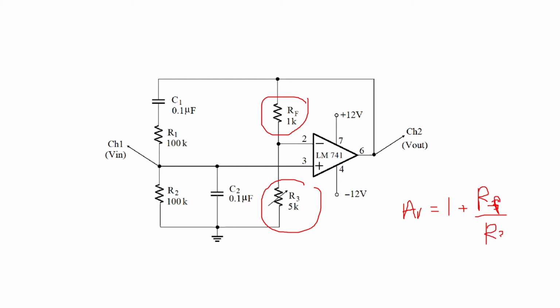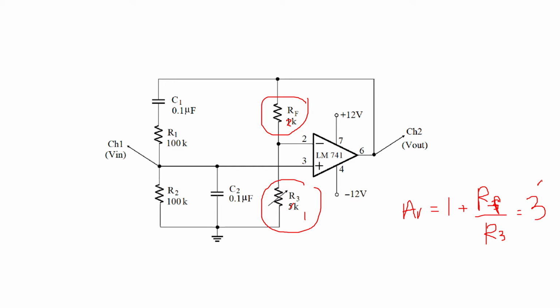The value of this gain for the Wien Bridge Oscillator must be 3, the ideal one. Later you will see what happens if it's more or less than 3. For example, if you choose here 2 and here 1, then 2 divided by 1 is 2, plus 1 is 3.